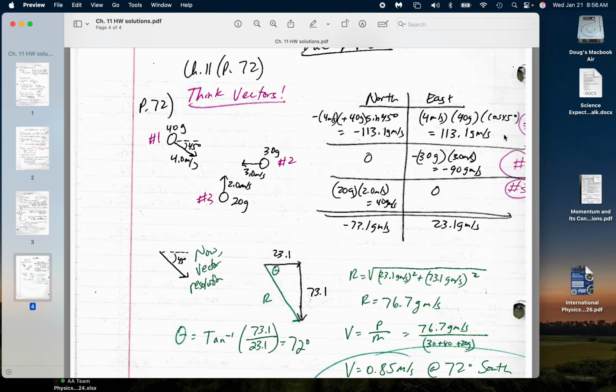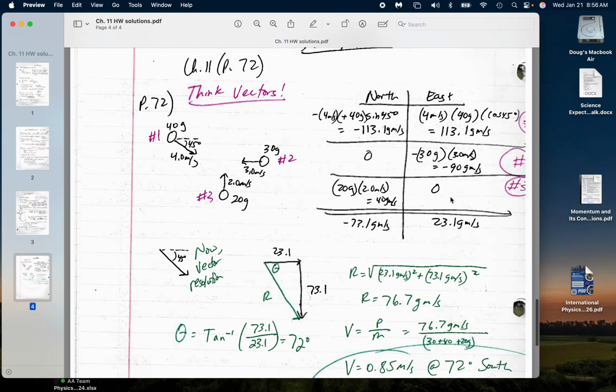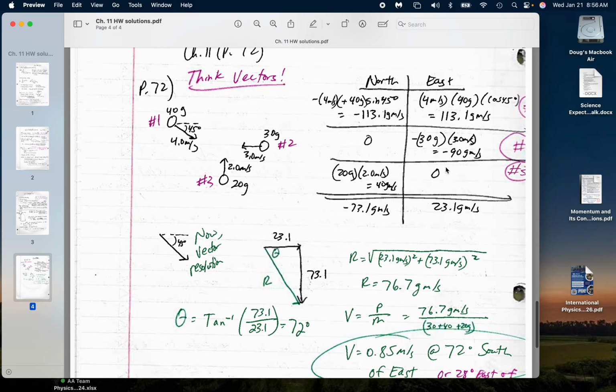East would be positive 113.1. For number 2, it's going to the west, so I have 0 north, and negative 30 grams times 3 meters per second is negative 90 gram meters per second. For this one, it's going up, or north, so 20 times 2 is 40 gram meters per second, and nothing going east. So this is what I get overall.